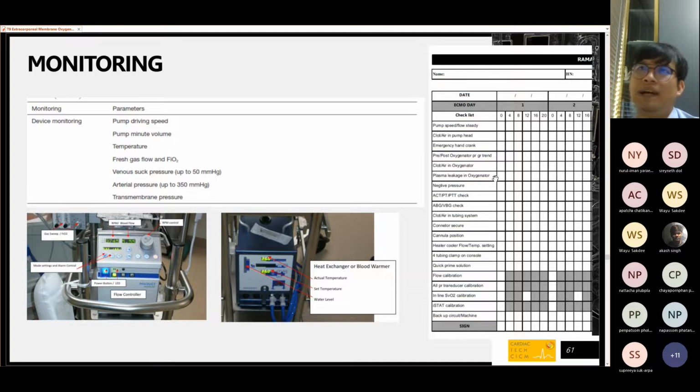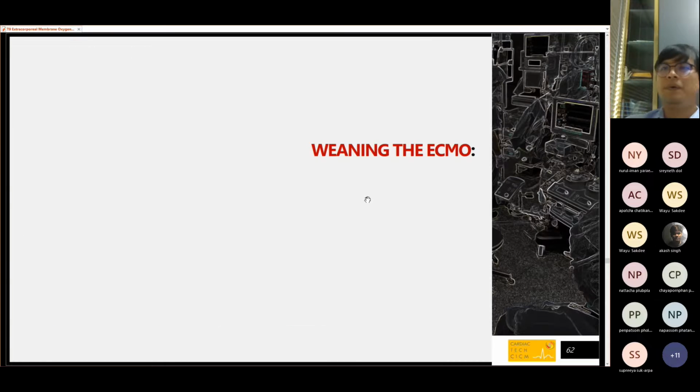That is the thing that we always do. So after the heart recovers and we are happy with the vital signs coming back, we can investigate by using the echocardiogram, as I said to you. And after that we can increase the ventilator support, and we can go ahead with the weaning of the Ecmo.